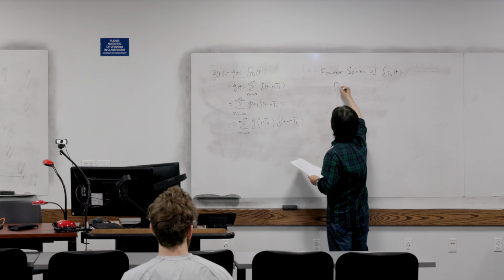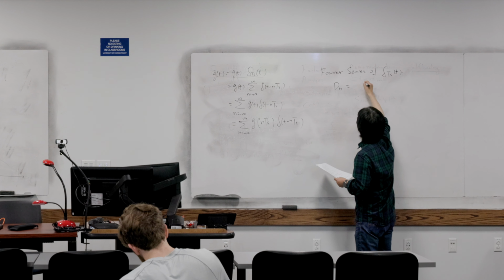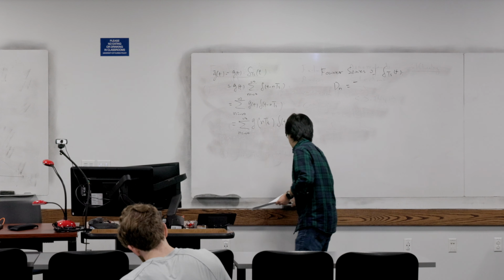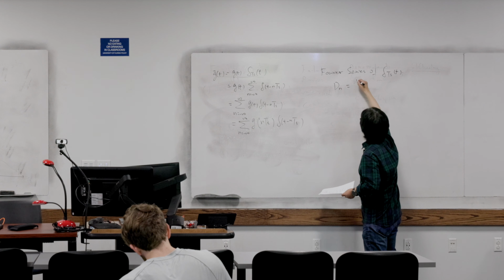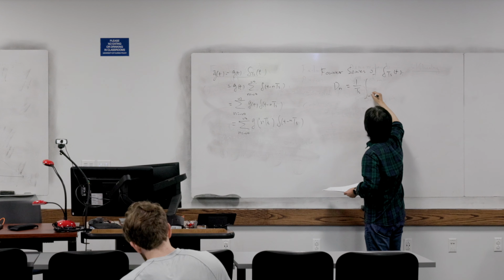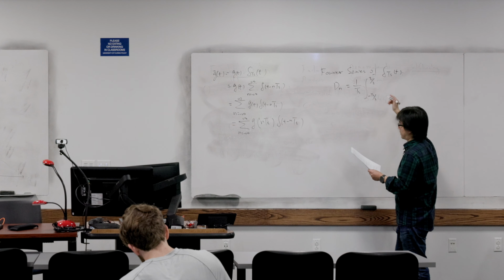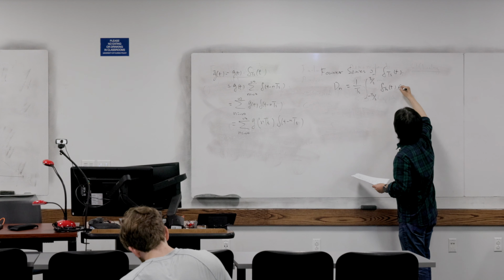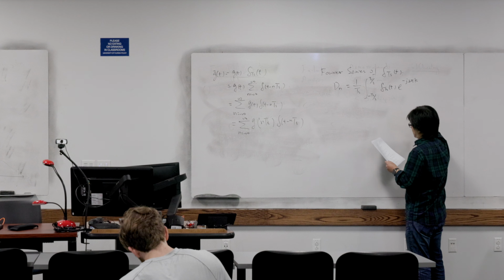We denote the Fourier series coefficients as d n. We compute the complex exponential Fourier series, and write down the definition here. We have 1 over Ts, and then we do the integral within one period.